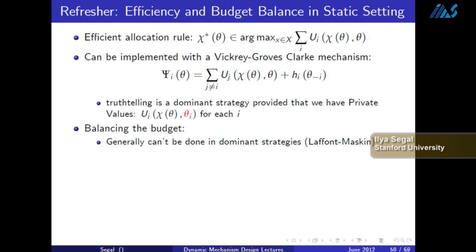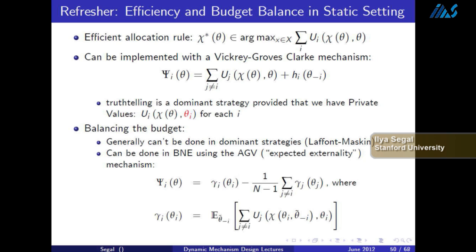Unfortunately, it turns out that you cannot balance the budget if you force yourself to use dominant strategy mechanisms, and I think the first result was in a paper by Laffont and Maskin. So we have to relax dominant strategy incentive compatibility, and we usually relax it to Bayesian Nash incentive compatibility, so that each agent will find it optimal to be truthful under the assumption that everybody else reports truthfully.